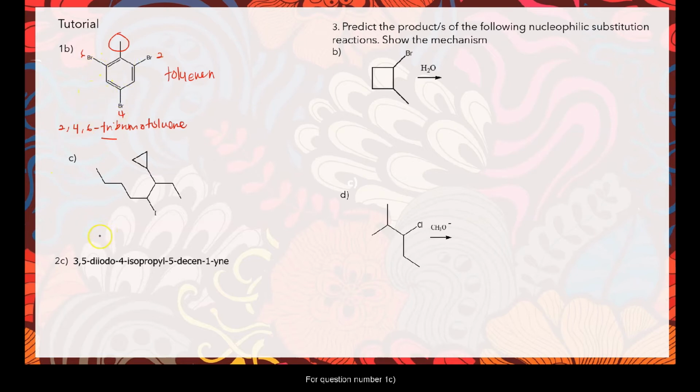For question number 1c, since the straight chain of carbon has more carbons compared to the cyclic compound, the parent name will be named based on the acyclic compound. So first, we must identify the longest chain of carbon from this compound.